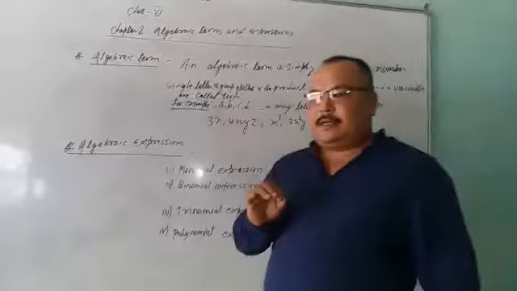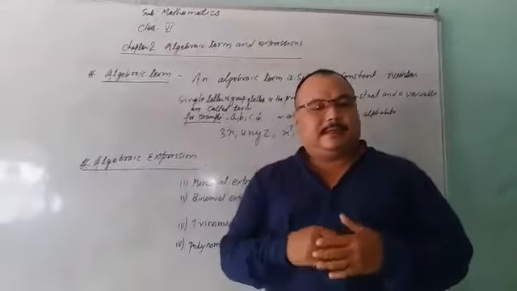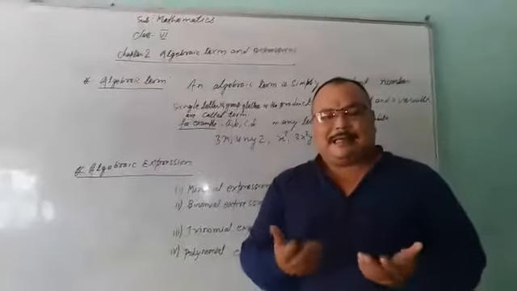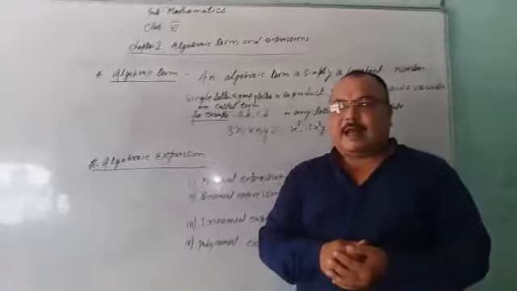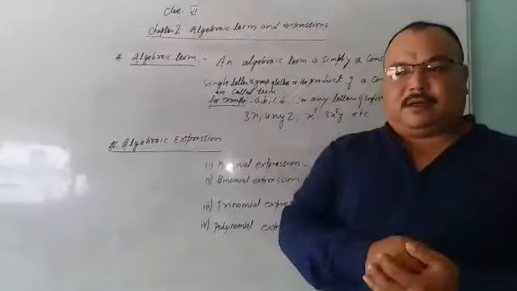So my dear students, you know very well a variable is denoted by any letter of the English alphabet, and a constant is denoted by any number.